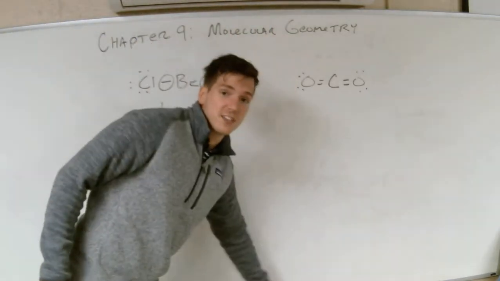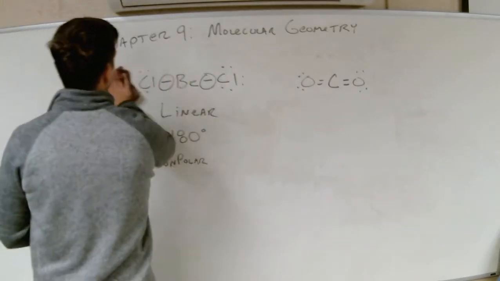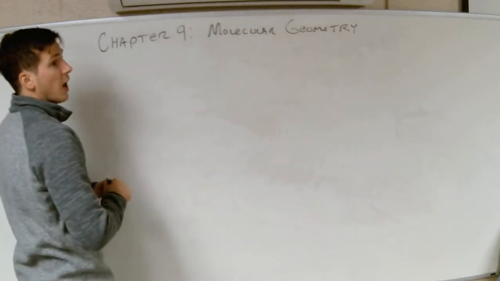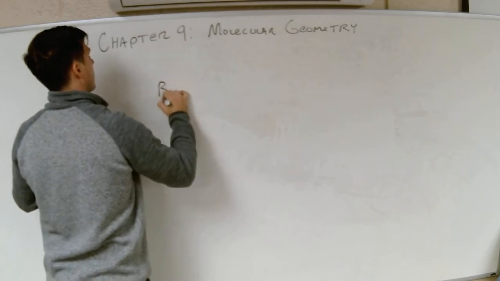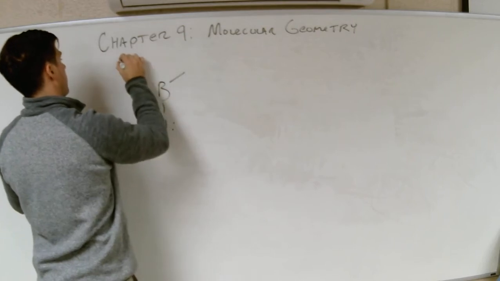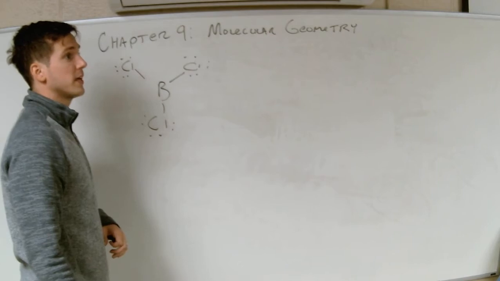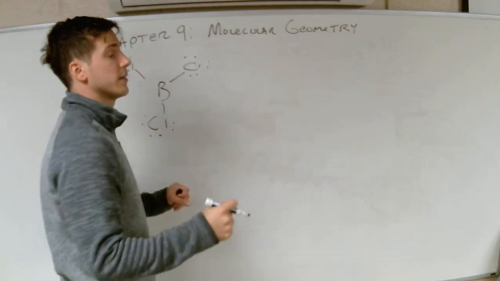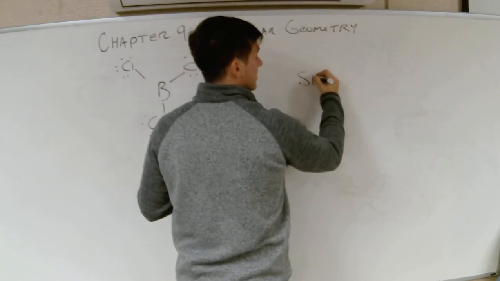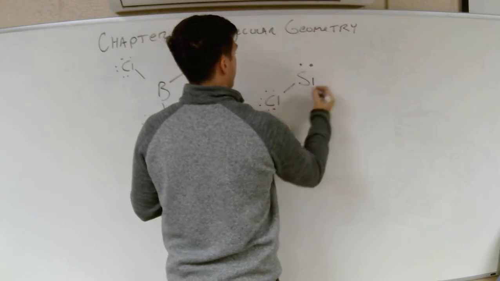Next domains we're going to get into are 3 domains. Our examples of this, we'll go with boron trichloride, and then for our other third domain, let's go with silicon dichloride.